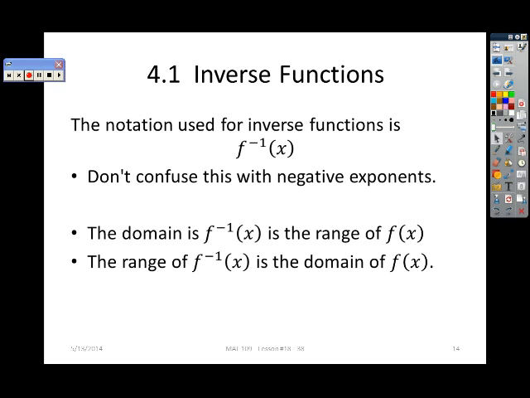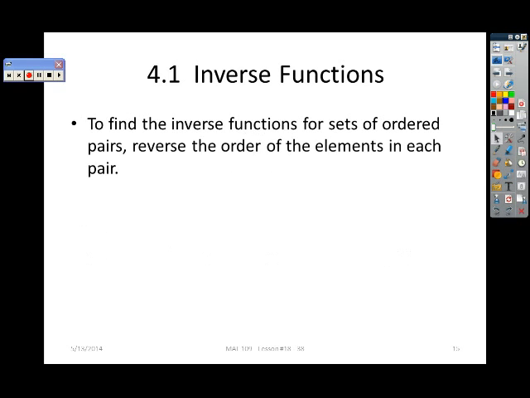And the range of the inverse function is the domain of the original function. So the domains and ranges just flip-flop. The domain of one is the range of the other when you have inverses.